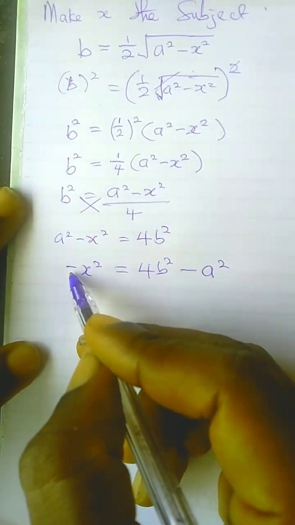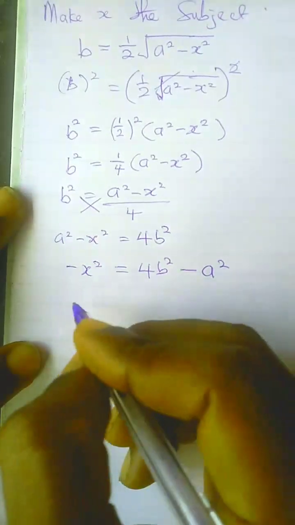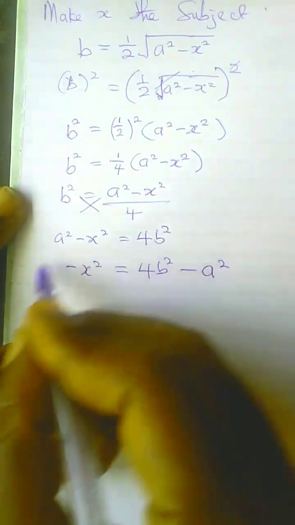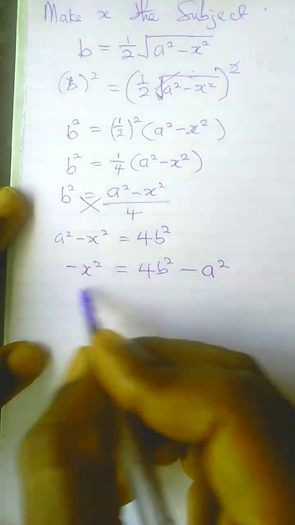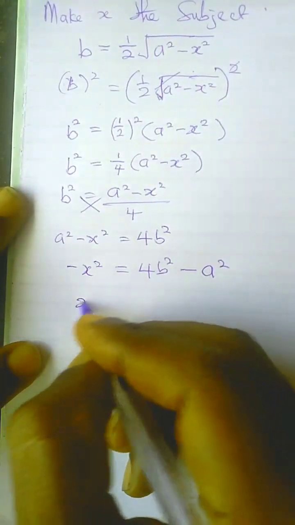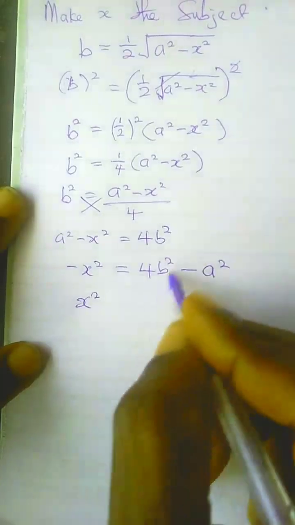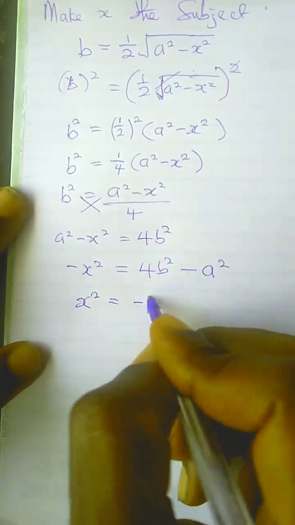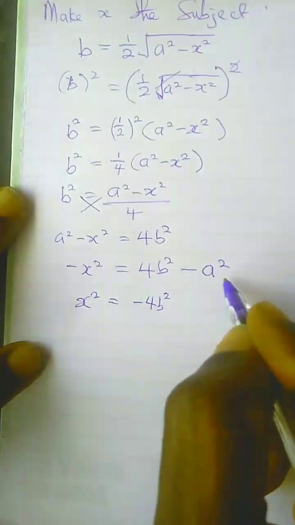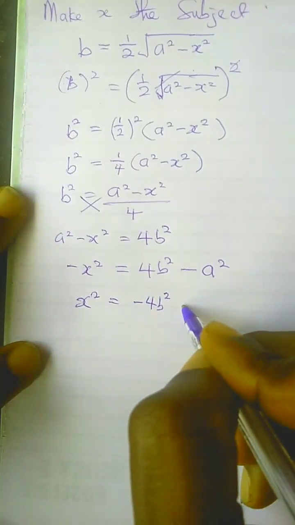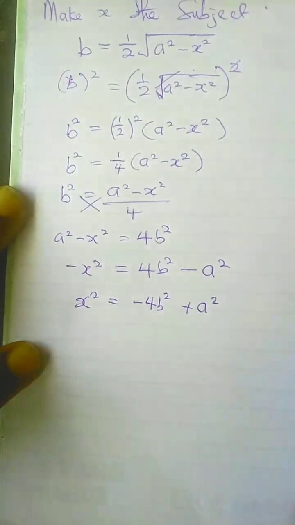If I divide both sides by minus 1, or I times everything by minus 1, if I times this one by minus 1, this will give me x squared. If I times this one by minus 1, this will give me minus 4b squared. If I times this one by minus 1, this one will give me plus a squared.